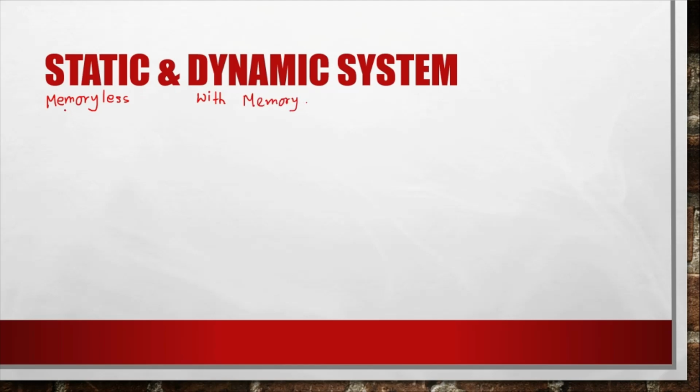Now what do I mean by memory? You can understand it as the previous things we used to keep in our memory, the previous incidents and everything that happened in the past. So if a system just depends upon that instant only, it doesn't have a memory.